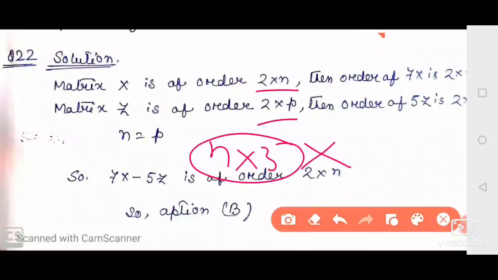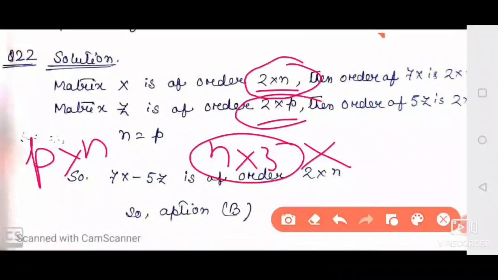The option D is given p by n. Since the order of matrix 7X is 2 by n and matrix 5Z is 2 by p, the order must be equal to 2 by something, because for both the cases number of rows is 2.